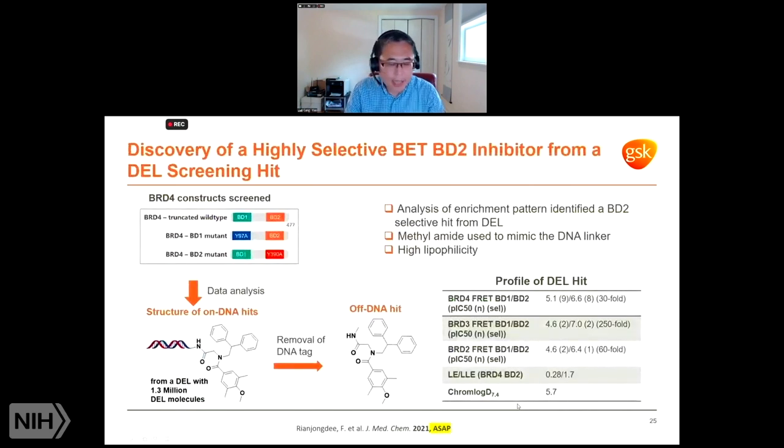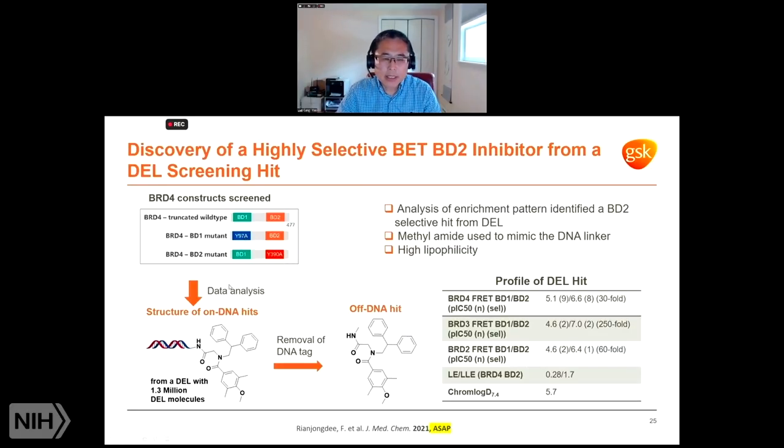So my last example will be on the identification of a highly selective BET BD2 inhibitor from the DEL library. In this case, we did a selection with a panel of BRD4 constructs. First, the truncated tandem domain construct, and also two mutants, one with a BD1 mutant, the other with a BD2 mutant.